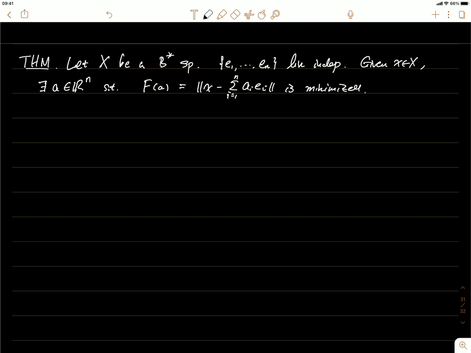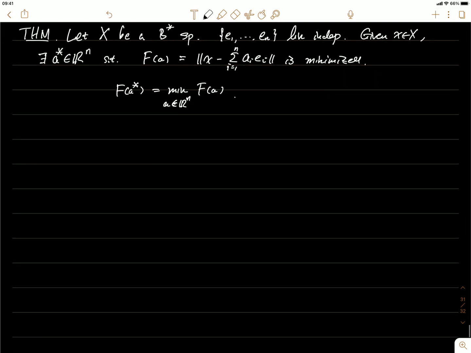Let me specify this more clearly: I denote this minimizer as A star. That means f of A star is the minimum value of f of A for A in R^n. So this is what we proved by the derivation above.